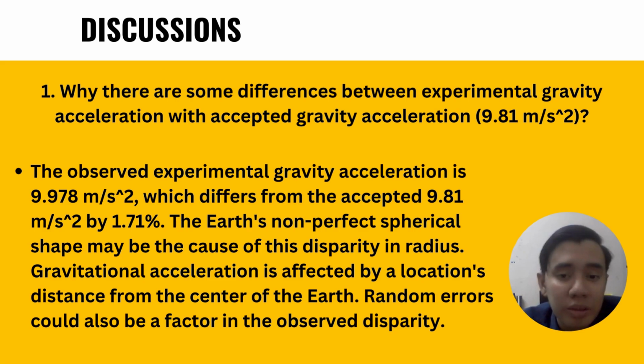The observed experimental gravity acceleration is 9.978 m/s², which differs from the accepted 9.81 m/s² by 1.71%. The Earth's non-perfect spherical shape may be the cause of this disparity in radius. Gravitational acceleration is affected by the location's distance from the center of the Earth. Random errors could also affect the observed disparity.